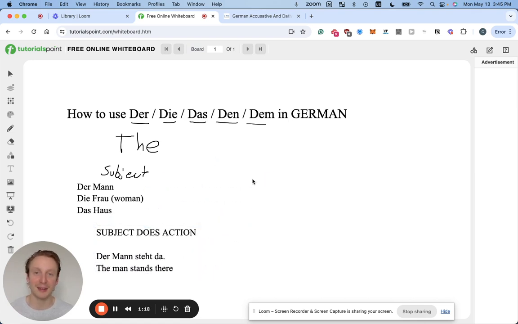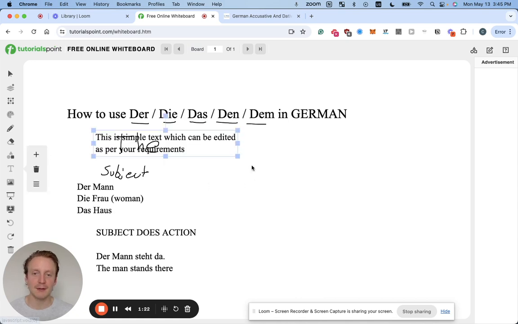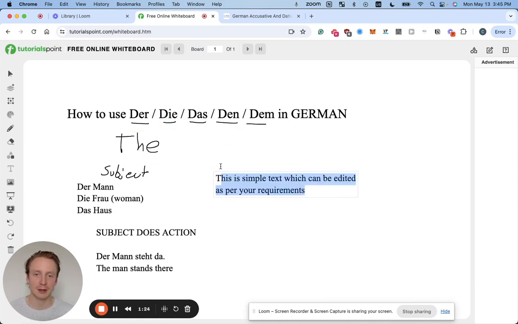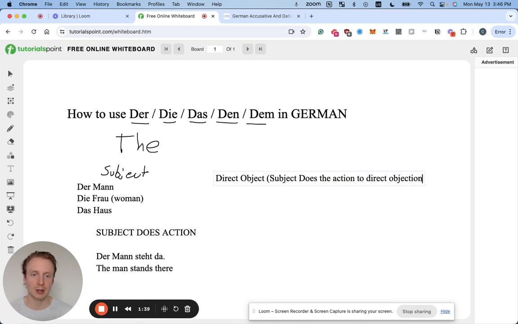That's simple. This is where it gets messed up, though. This is where it gets not fun. If it's the direct object, only one of them changes. The direct object is what the subject does the action to. So like, ich sehe den Mann.